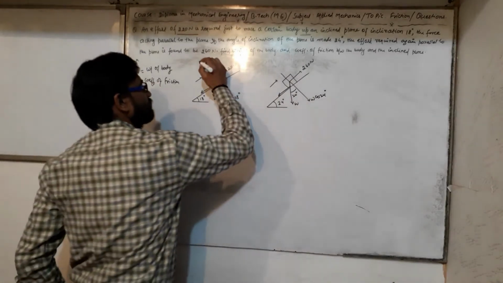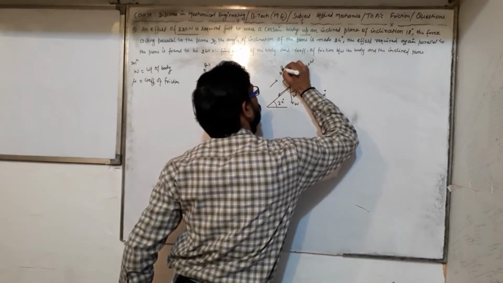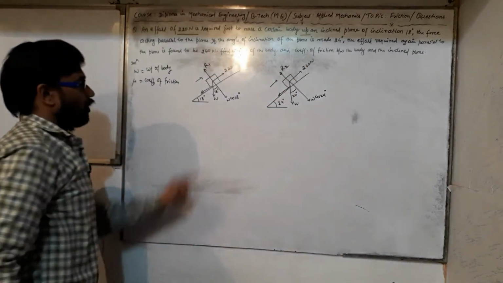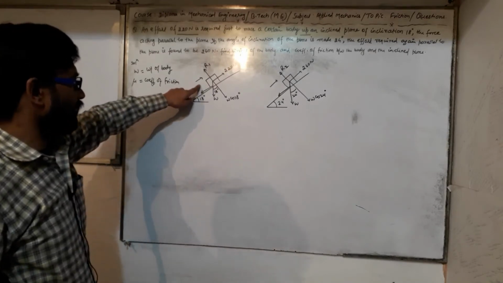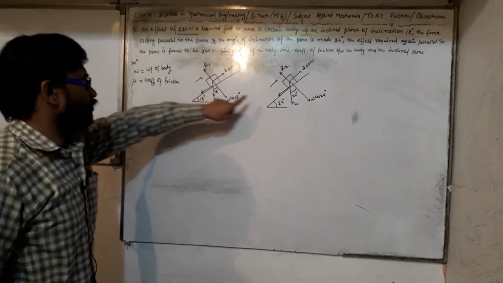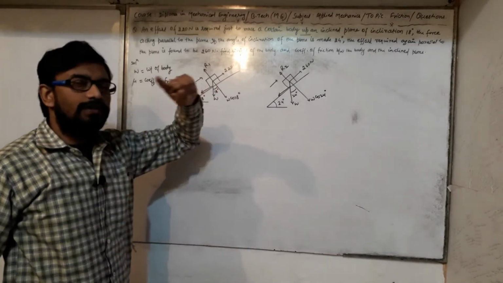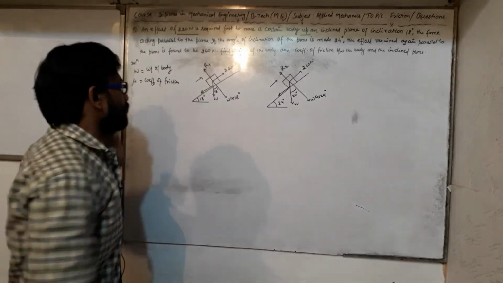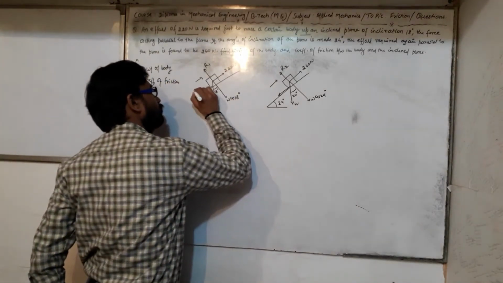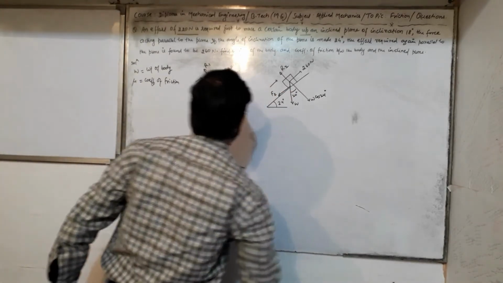So normal reaction, let us say R1 and here it is R2. See, frictional force which is acting in downward direction, since the tendency of the body is moving up, would also change. Why? Because frictional force is equal to mu times normal reaction. Normal reactions are different, so frictional force is also different. So this is F1 and let us say F2.